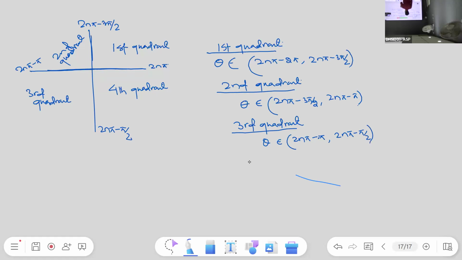And fourth quadrant, theta belongs to 2n pi minus pi over 2 to 2n pi. This is in clockwise sense.